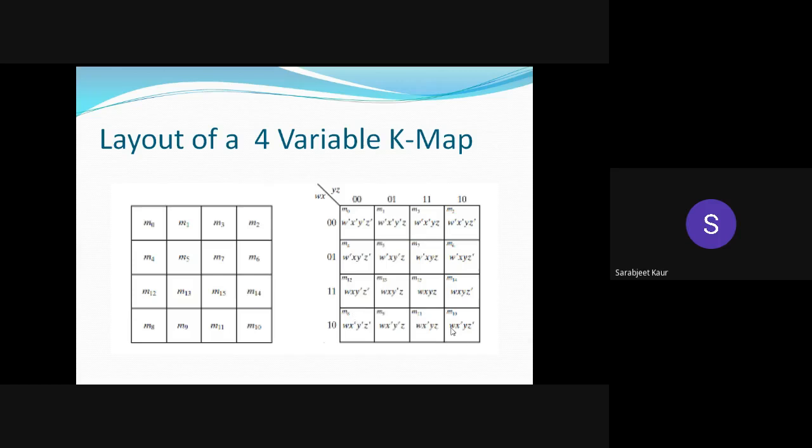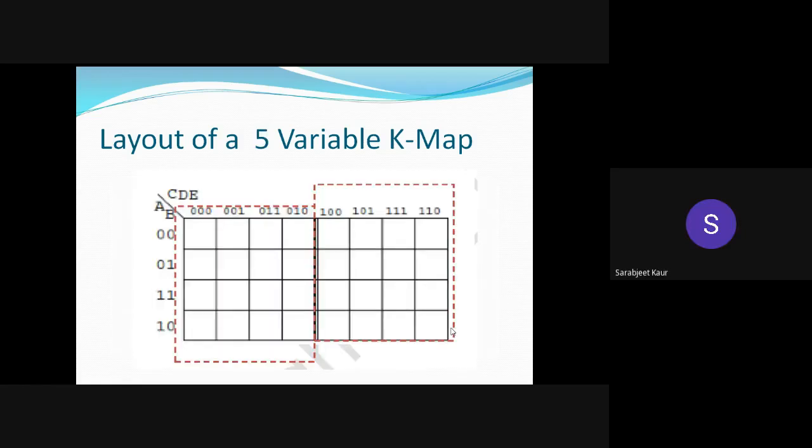Yes or no? So similarly, what will be a five variable Karnaugh map? It will be a joining of two four variable Karnaugh maps.